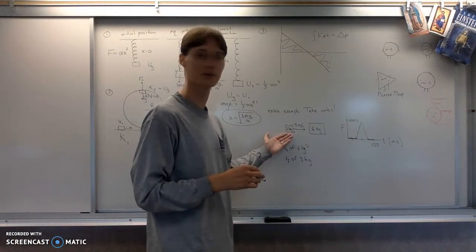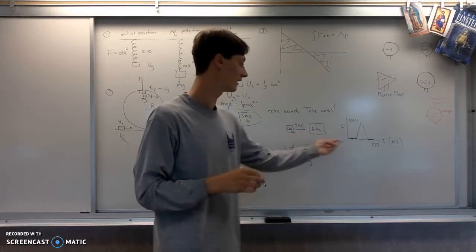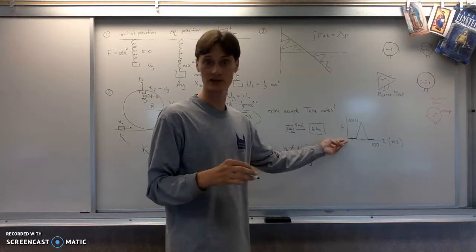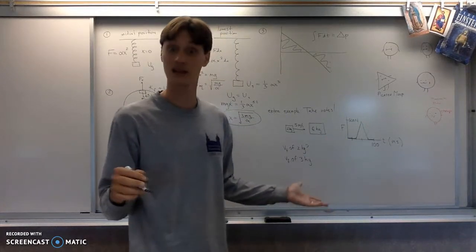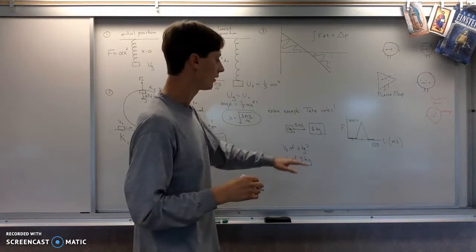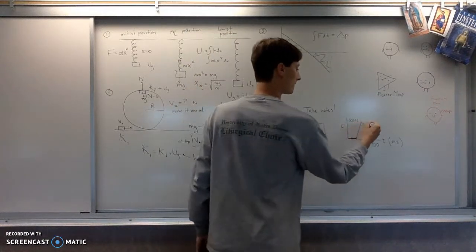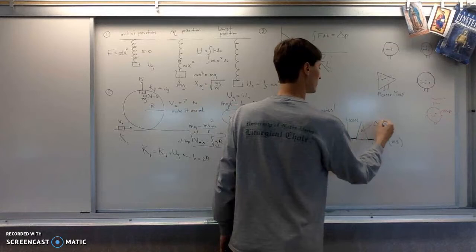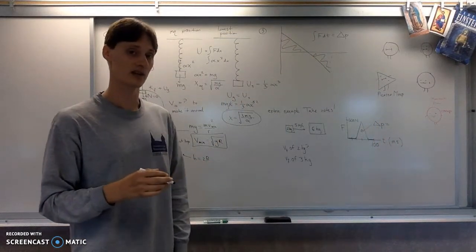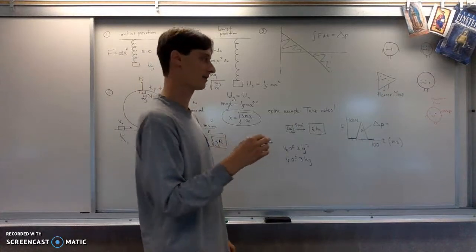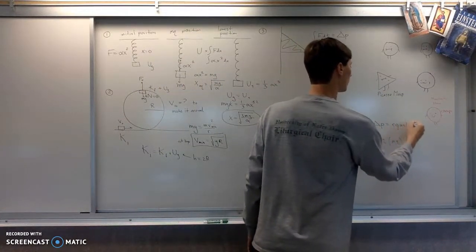You've got a 2 kilogram block, 5 meters per second, hits a 6 kilogram block, and this is what the force versus time graph looks like because one of these has like a force sensor or something attached to it. All right, well, the area under this is going to be the impulse, and the impulse that each of the objects receives is equal and opposite for the two blocks.